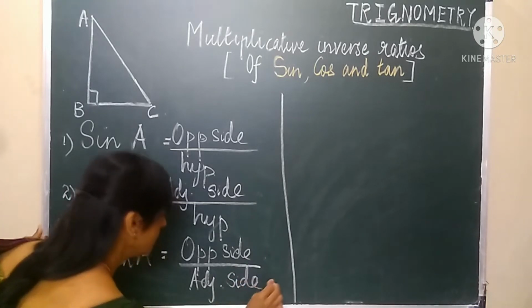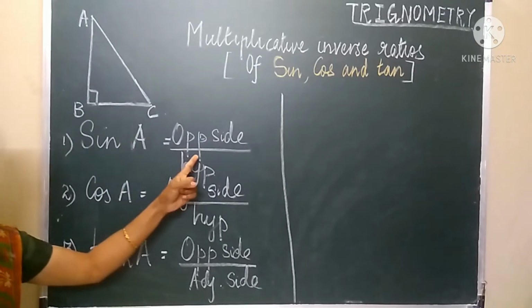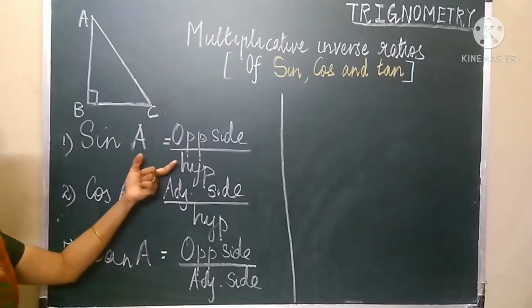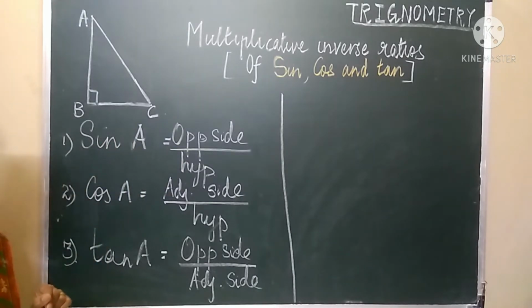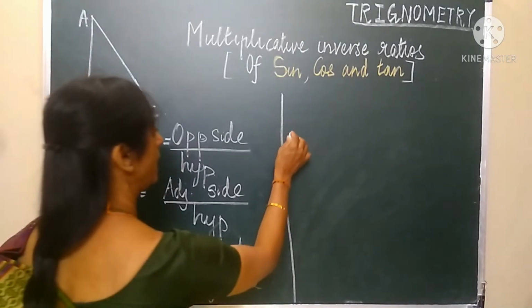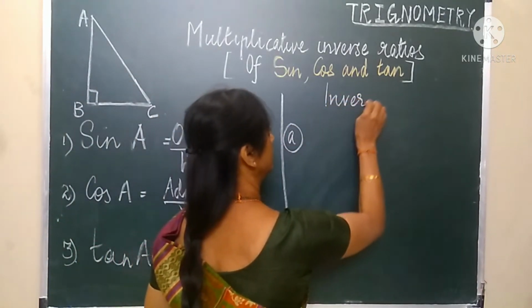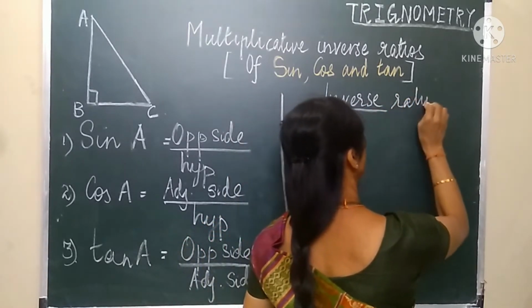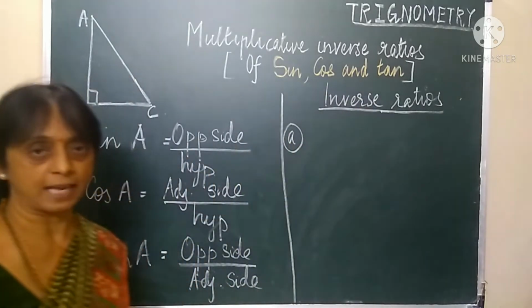adjacent side. Now, to find out the multiplicative inverse, or you can also say the reciprocal of sine of any acute angle, that is given by the inverse ratios of sine, cos and tan.